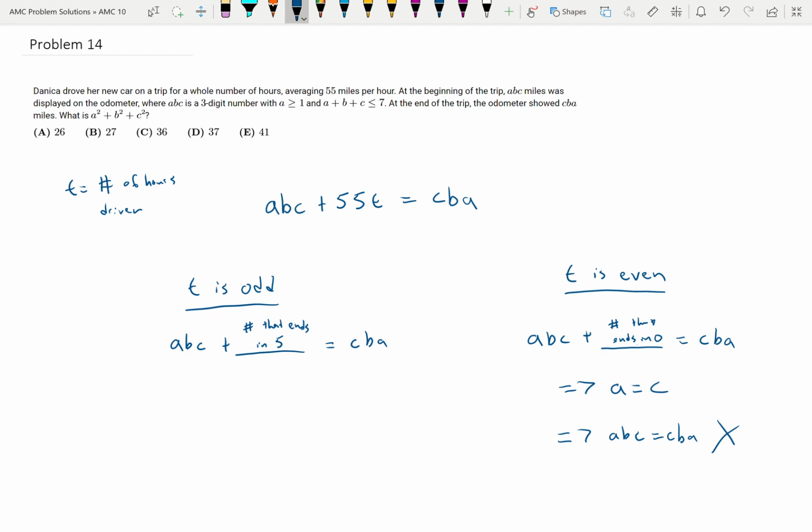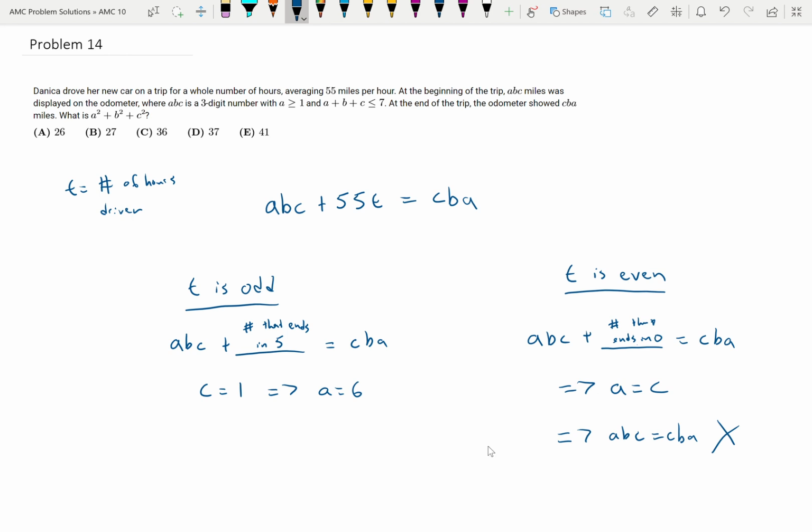Let's consider a case where C is equal to 1. Well, then that means we have to add 5 to C to get A. That means that A is going to be 6, but that doesn't make sense because that would mean ABC is bigger than CBA.